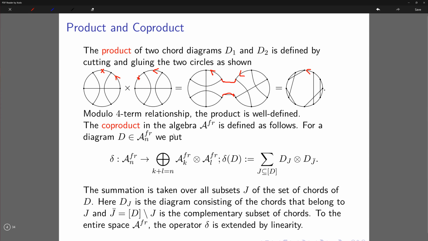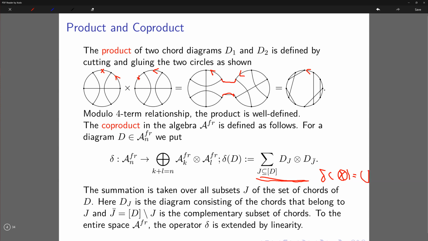And the coproduct in the algebra A modulo the Fulton relationship is defined like this. This is for a single chord diagram, and J is just a subset of the set of chords of D, and J bar is the complementary subset of the chords. And you just sum over all the possibilities of J. Maybe I can write you an example, like the delta of a chord diagram. It looks like this.